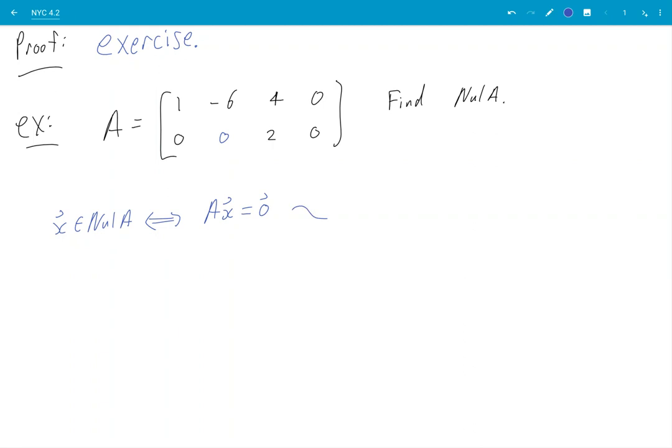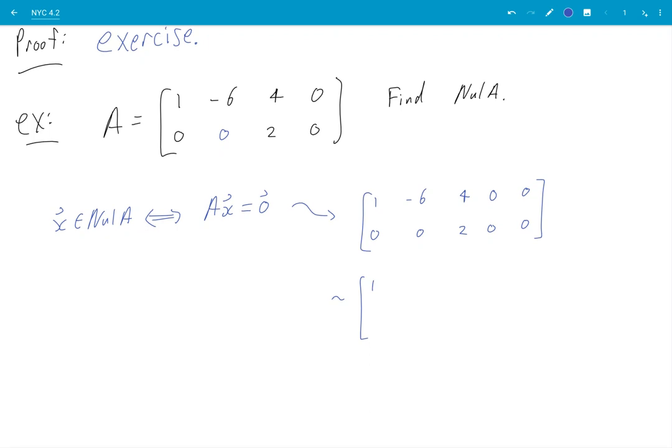So we end up solving this system with another bunch of zeros on the end. So we solve this as usual. What do we get? 1 minus 6, 0, 0, 0, 0, 0. That must be a 1.